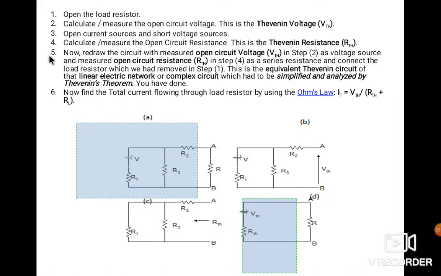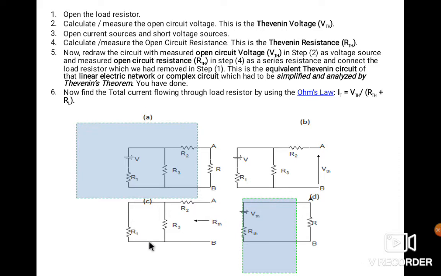After step 5, once we have found two things, the VTH and the RTH, what you have to do in the next step is connect like this. Whatever you found as RTH, connect it with the VTH, which was obtained by calculating the VTH.